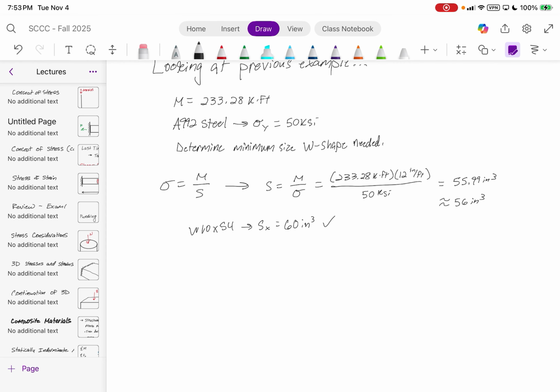A W12 by 50. All right, that's good. Any other values that anybody wants to share, even from the other tables?